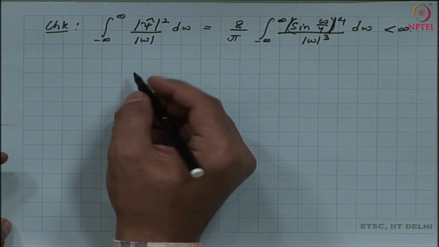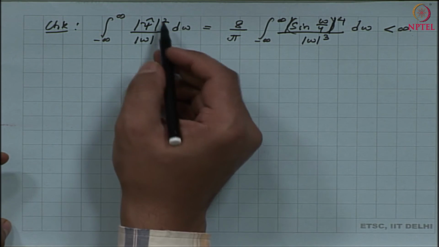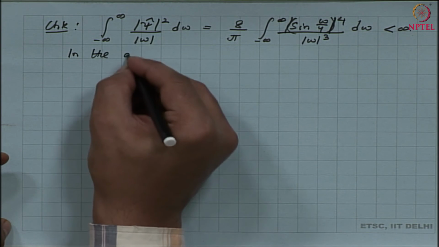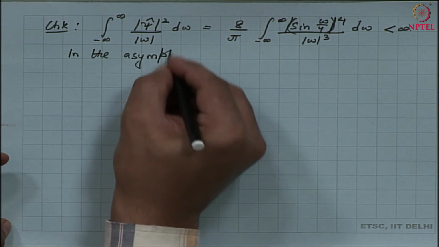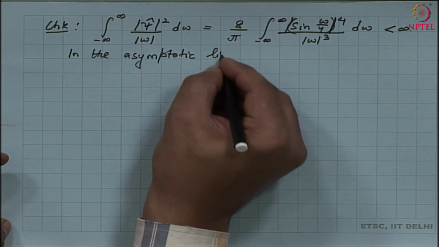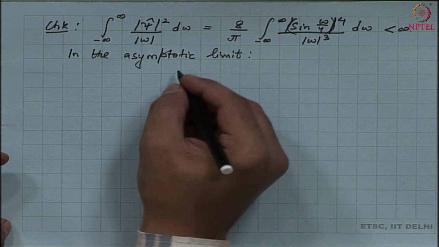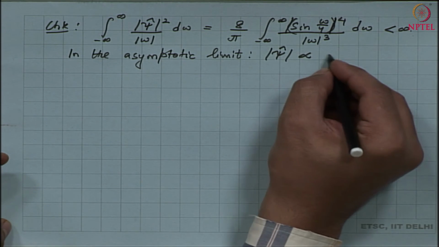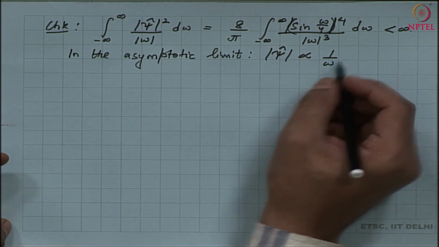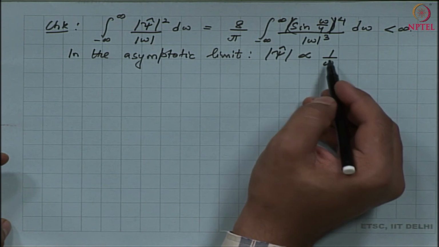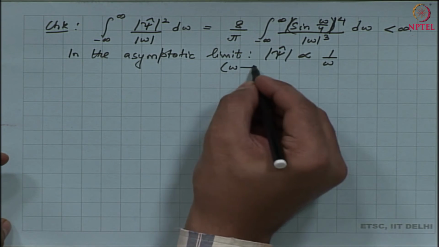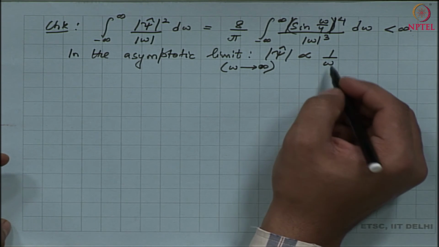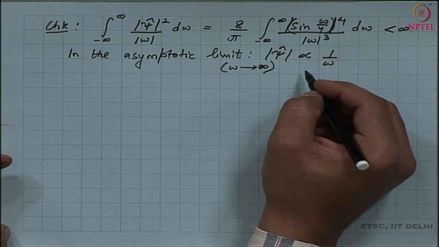So, in the asymptotic limit, in the limit when omega goes to infinity, for large values of omega, I see that psi hat is proportional to 1 by omega.